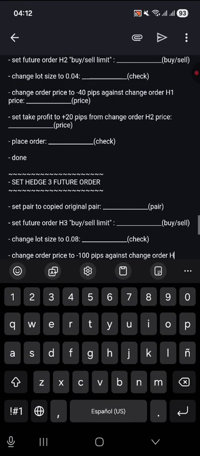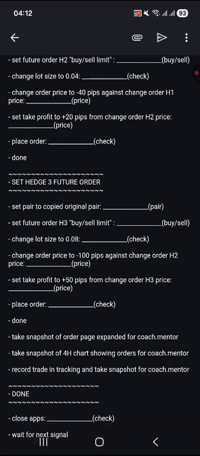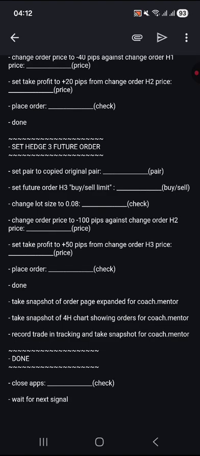This should be hedge level 2, not hedge level 1. So it's 100 pips against hedge level 2. What is that price? You need to put that in there. And then on hedge level 3, you're setting a 50-point take profit. And then you place the order, just place a check there.